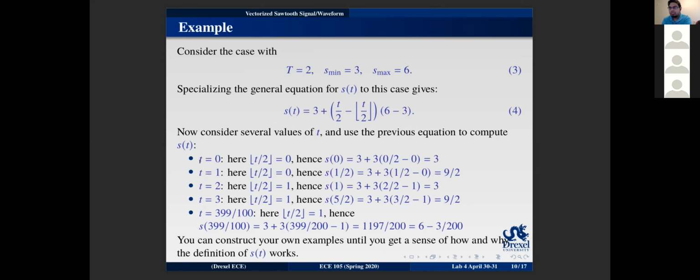At t equal to 0, the floor is 0, so your S value is S min, that is obvious. At t equal to 1, we have 3 plus 1 over 2, that's a half. Half minus the floor of half is going to be half because the floor of half is 0 again. Times 3, that's going to give you 4.5, and so on and so forth. So basically, this is how you generate a waveform. Any questions before I move on?